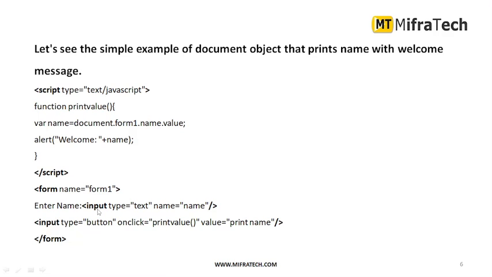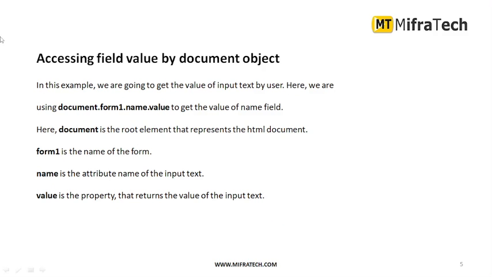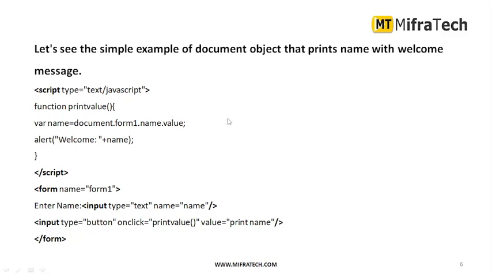Enter a name, input type text, name, and input type button onclick printvalue. When we have entered the name, the name is shown as output when we click on the button. And close the form. This is the example of accessing a field value by document object.